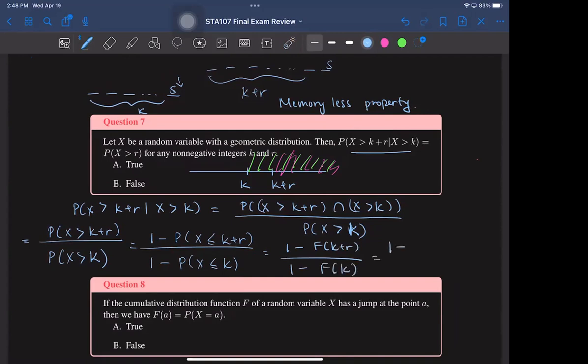And what is F of k plus r? What is the CDF for a geometric random variable? 1 minus p to the power of k plus r. And here I have 1 minus of 1 minus p to the power of k. Does this make sense?